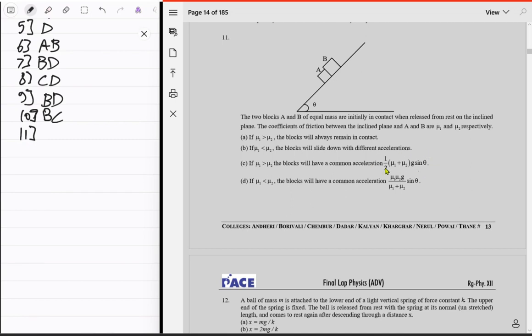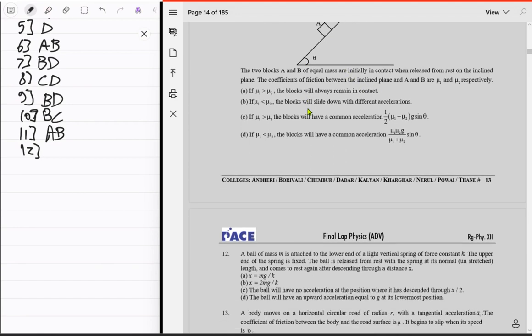Actually, you don't want this to be the thing. Here it should have been 1 minus mu1 and 1 minus mu2, in fact. So no, C does not look correct to me. What else is there? If mu1 is less than mu2, there won't be a common acceleration if that happens. So A and B are the only correct ones. 12th. This is like retardation due to friction, but that's not their acceleration because g sin theta is going to act, right? Whatever it is, next question.